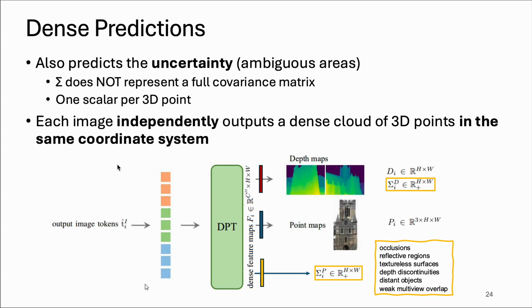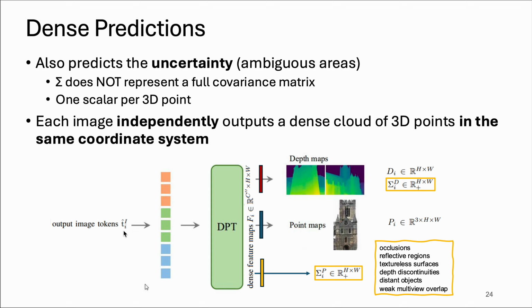Like we previously mentioned, each image independently outputs a dense cloud of 3D points in the same coordinate system. That is how the algorithm handles variable-length input image sequences.